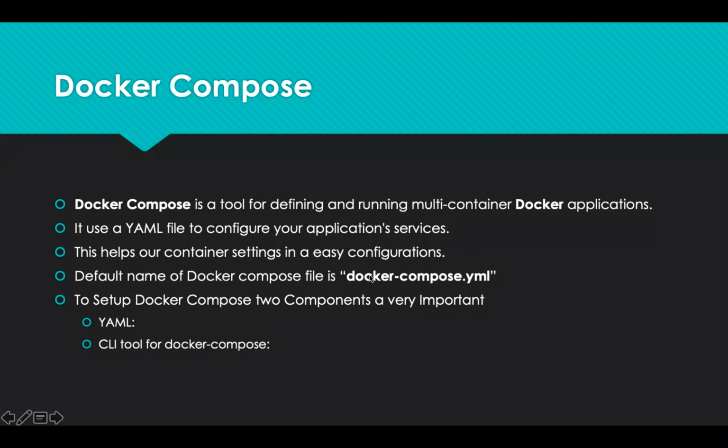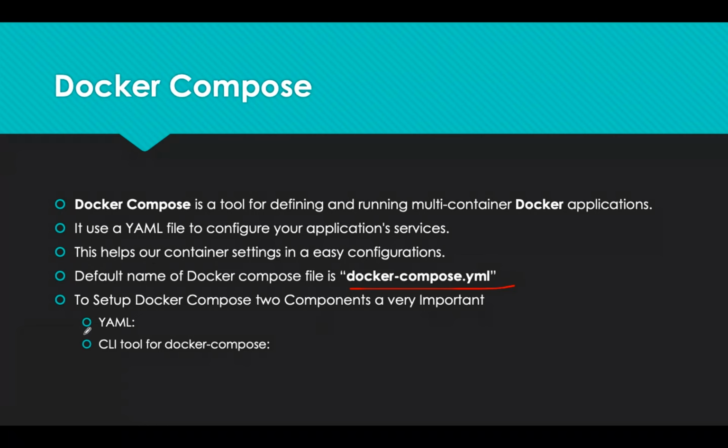We call it docker-compose.yaml. This is the default name structure given to it. You need to follow this naming convention, which should be common for every Docker Compose for deploying any kind of multiple container Docker applications.